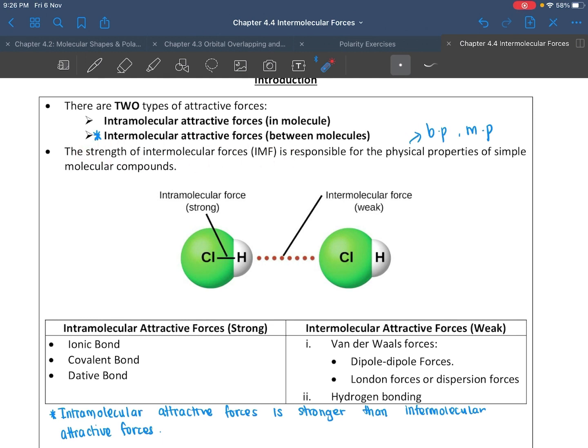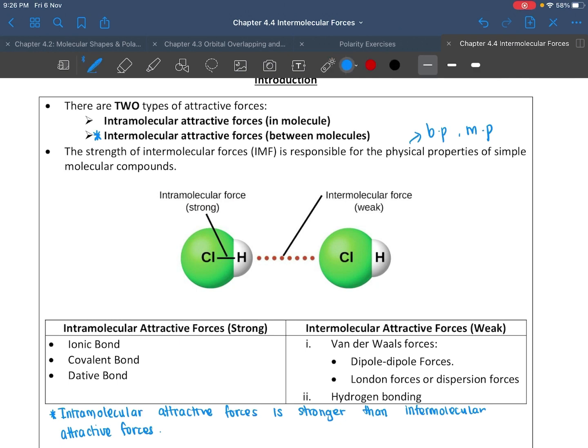The purpose of this diagram here adalah untuk explainkan dua benda ni, to make you see clearly intramolecular forces tu macam mana. This bonding adalah molekul HCl. In this molecule ada two atoms, iaitu H and Cl. The bonding between the hydrogen atom and chlorine atom here adalah intramolecular forces.